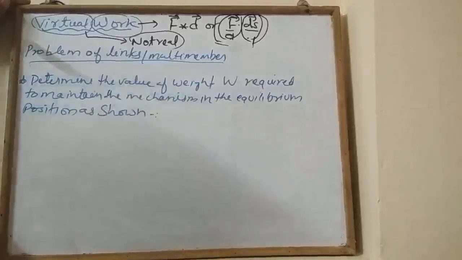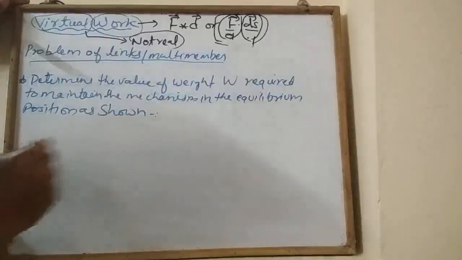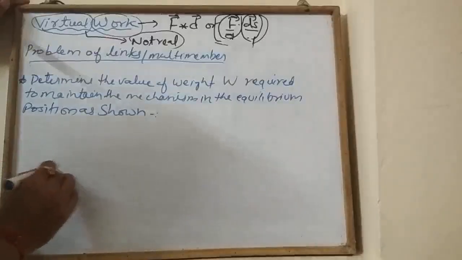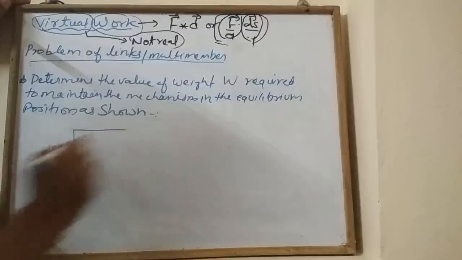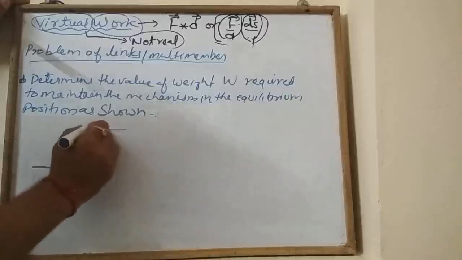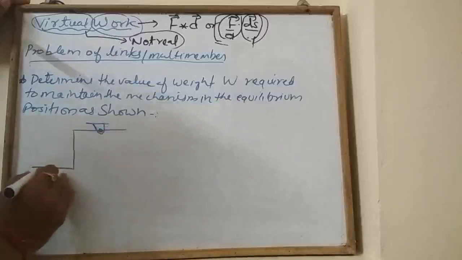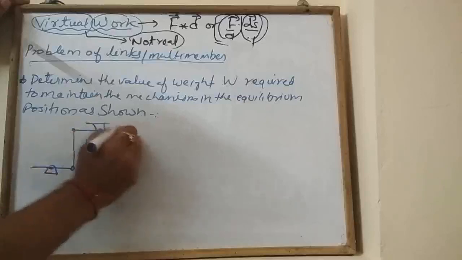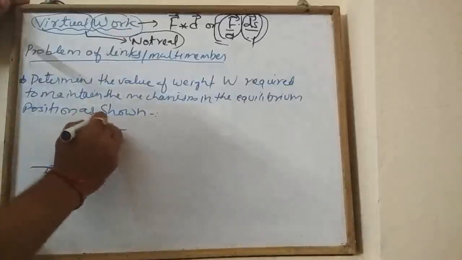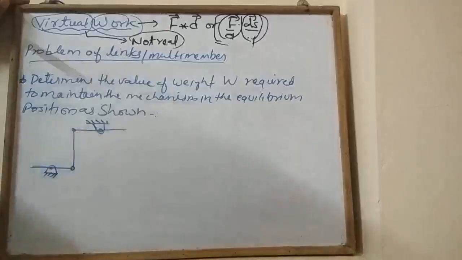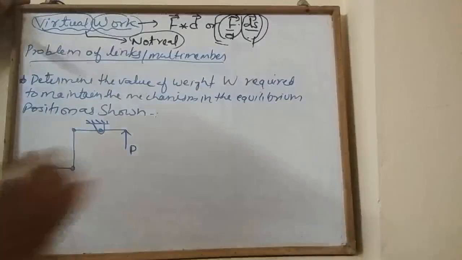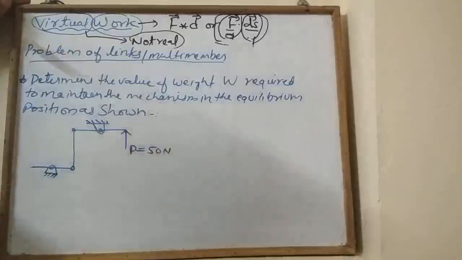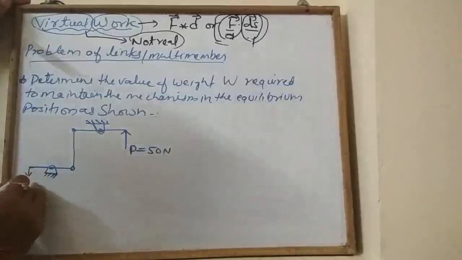So the diagram is like this. Here P equals 15 Newton and W is to be calculated.